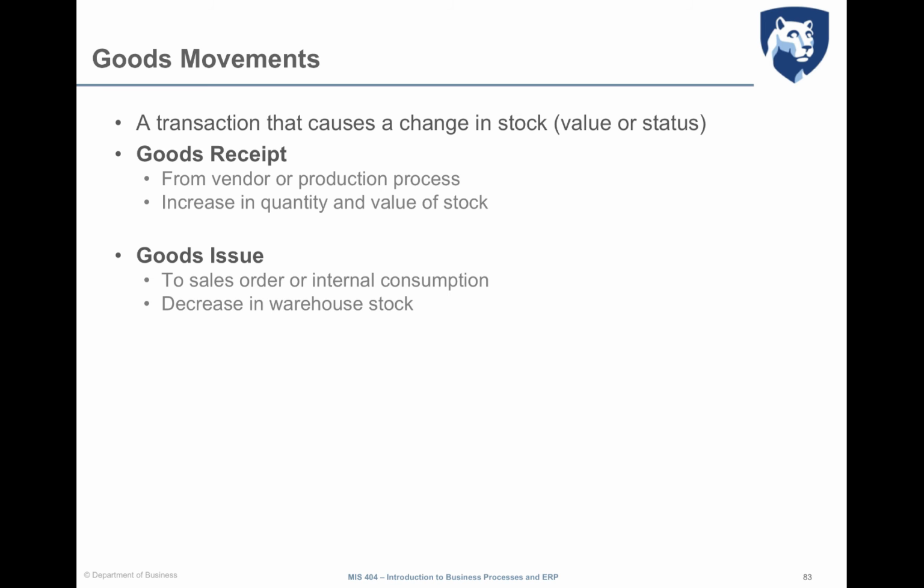So in this case, the inventory is reduced. Usually it happens when there is a shipment of materials to a customer, when they are being used for internal consumption, or materials are designated for sampling or just checked with quality and they become scrap.